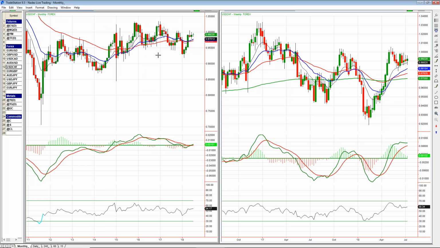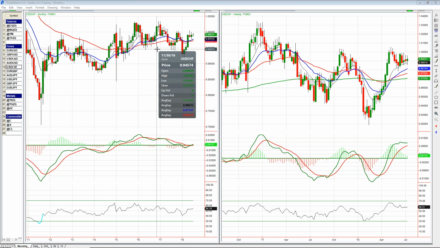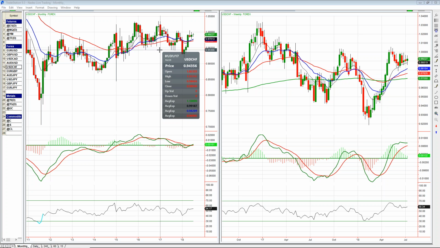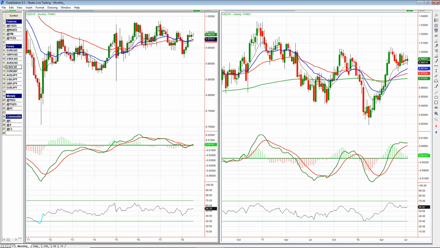And we've got kind of a bottom level here, which has been typically right around that 95 level, with some exceptions just below that. But here we've got an even better level right around parity, right at 1. And so we've really been having a sideways market on the dollar Swiss on the monthly chart.